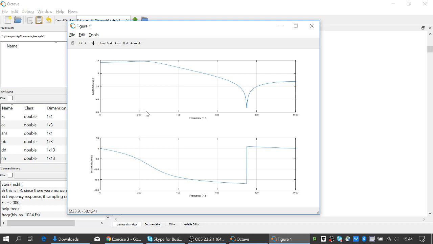So with about the same amount of calculations, you can add about 20 dB to the stop band attenuation. Okay, and that's exactly why the IIR systems are used. You get a lot of stop band attenuation with very little damage to the signal.